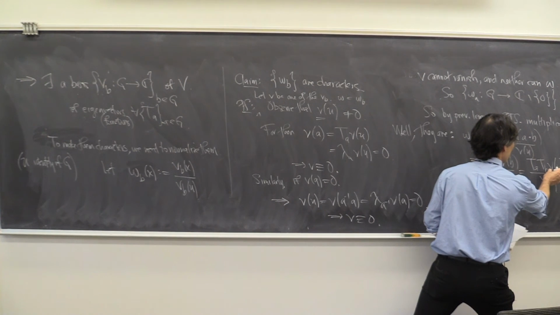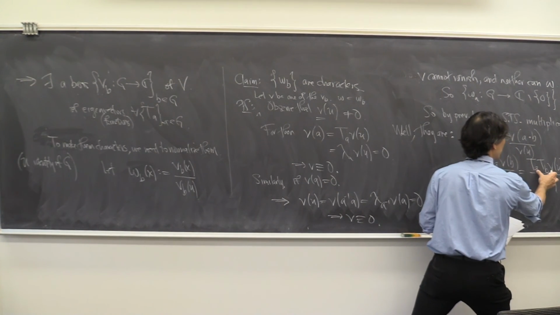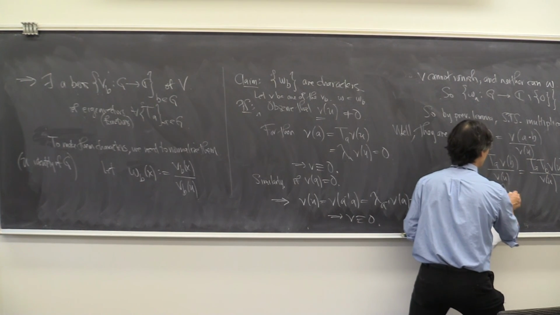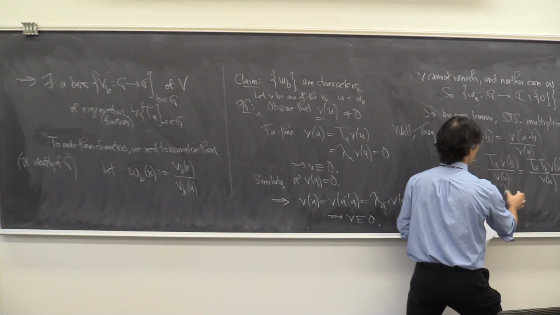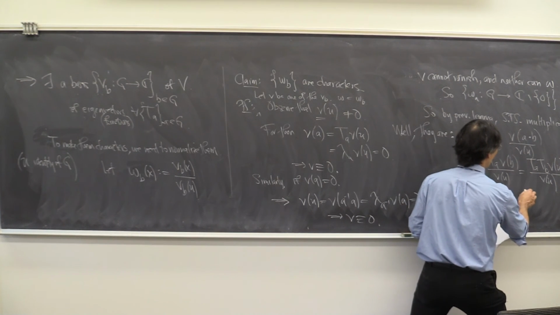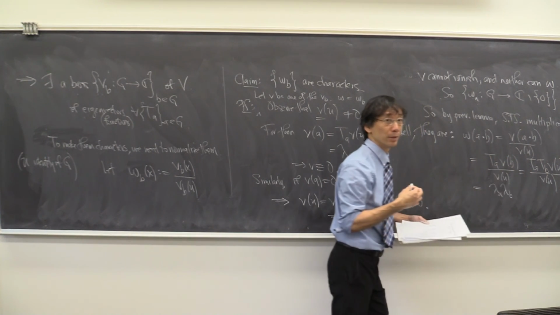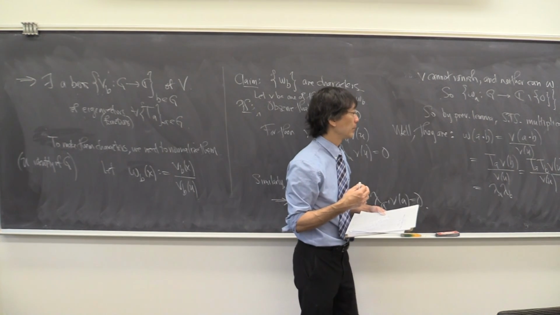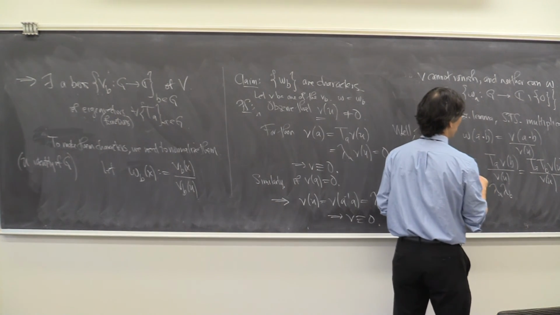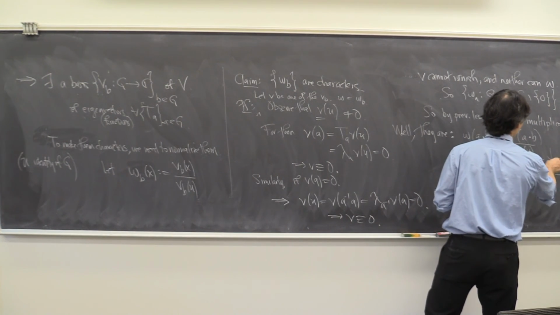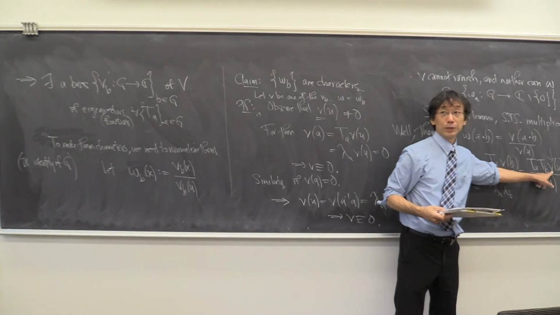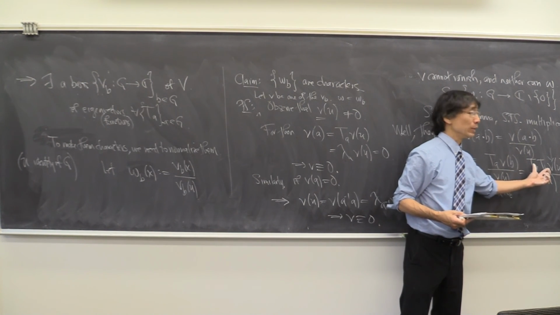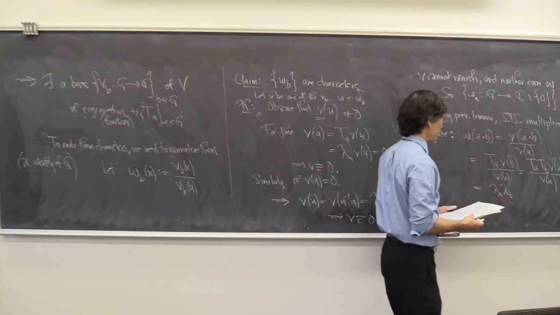But remember, V is an eigenvector for each of these guys. So this is just going to be lambda A lambda B times V of U over V of U, which is 1. This is the point, that these guys were eigenfunctions for this particular family.